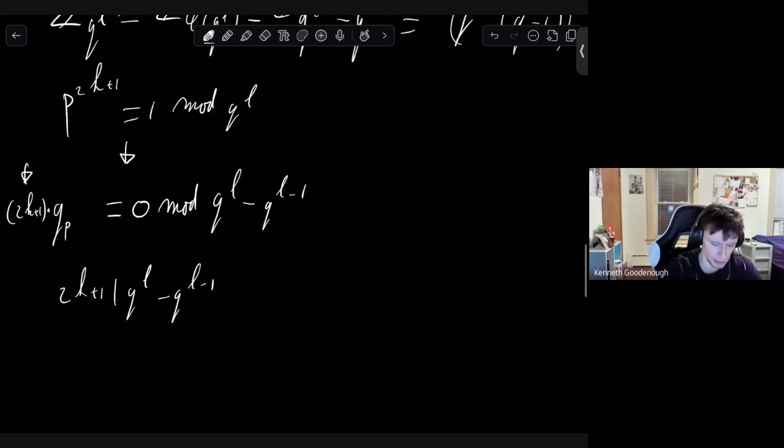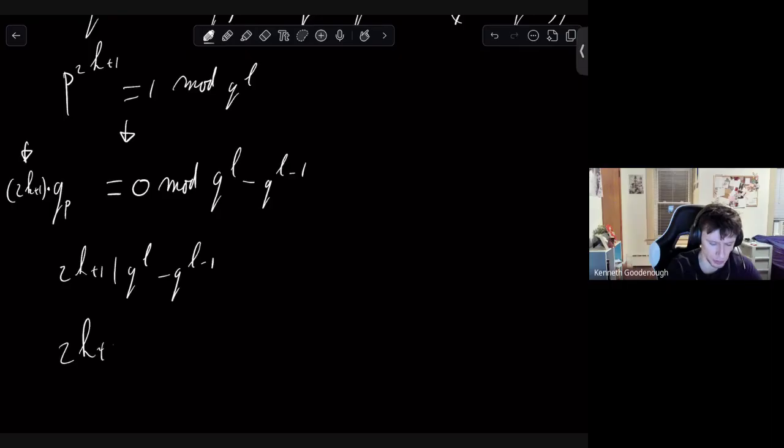We have that 2k plus 1 is a zero divisor. And to be clear, this should be a zero divisor that is not zero itself. Depending on convention, that might be different. Okay, so 2k plus 1 is a zero divisor.